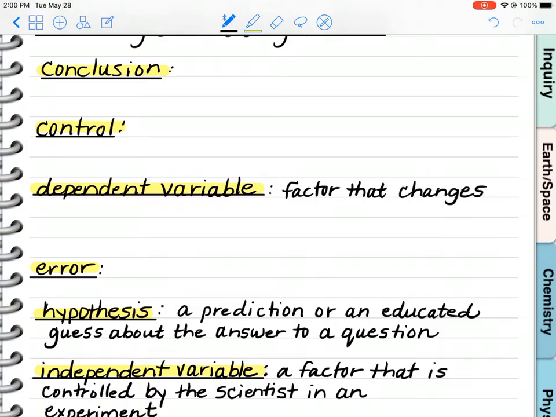Remember, variable means change in response to an independent variable in an experiment.